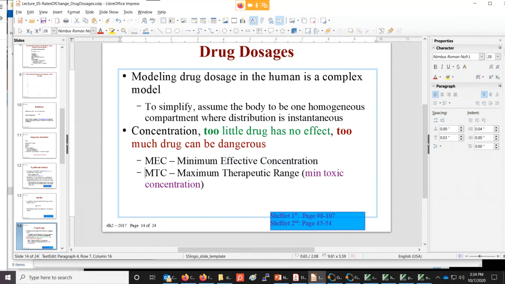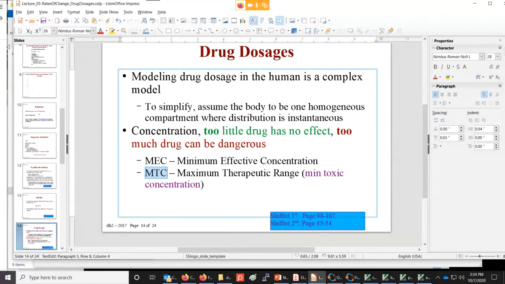And then there's a second value called the MTC, the maximum therapeutic range, or the minimum toxic concentration, that if you take more than that, now you're starting to do more harm to your body than good. All right.